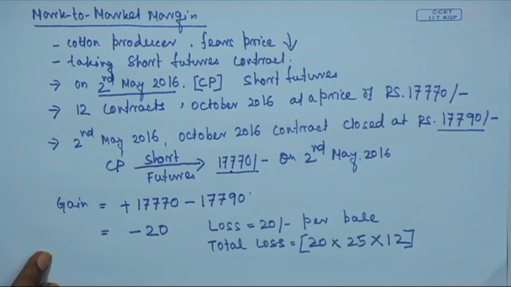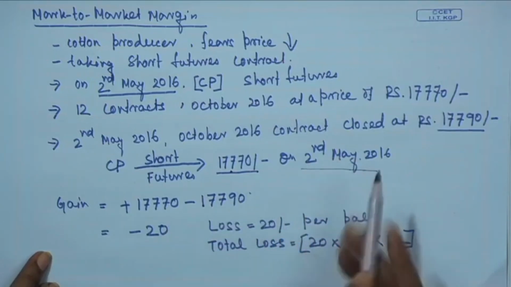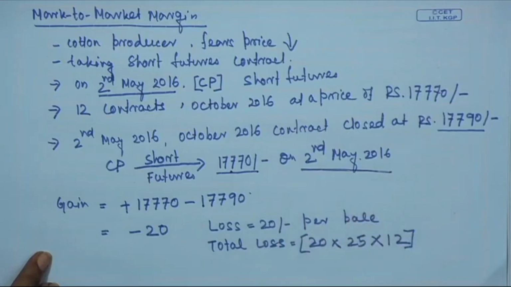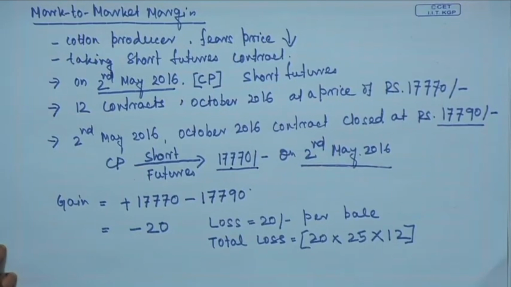As we all know, derivatives are a zero sum game, so the loss of the cotton producer is going to be the gain of the counterparty. By next day, that is 3rd May 2016, the cotton producer should be paying this amount of money to the counterparty.